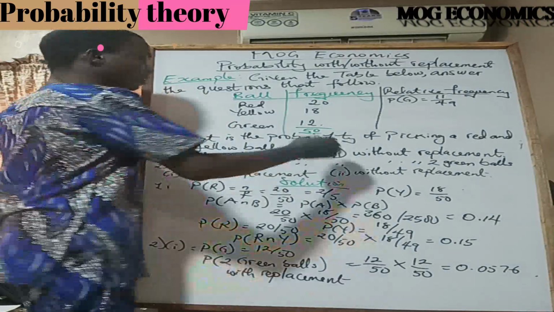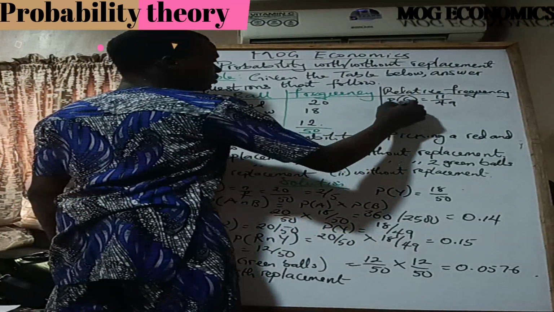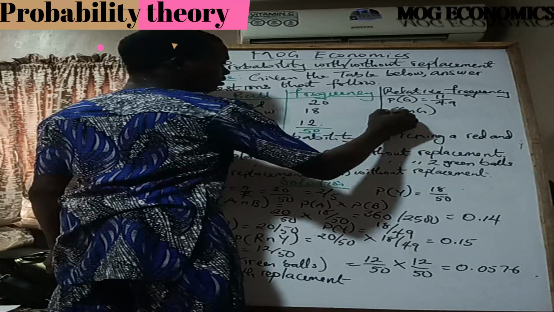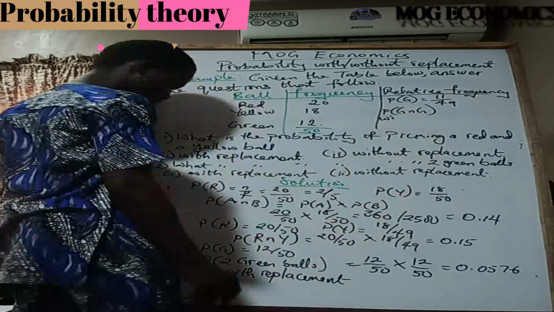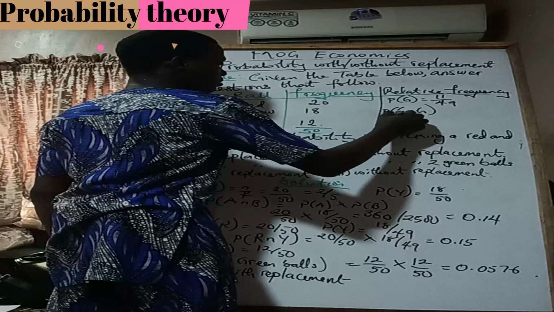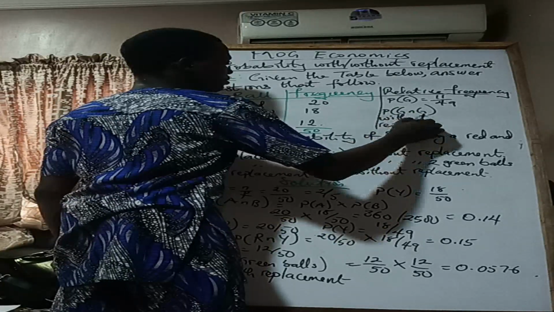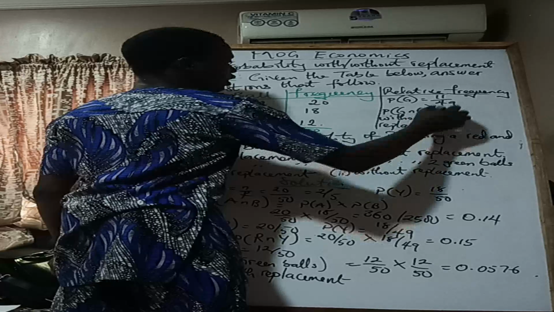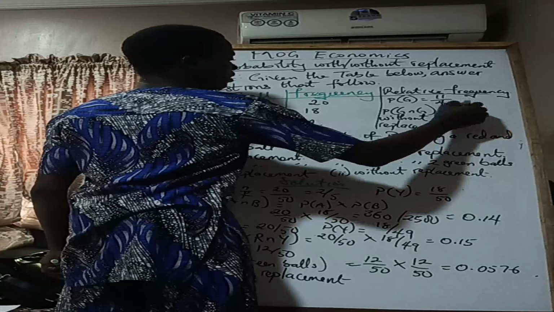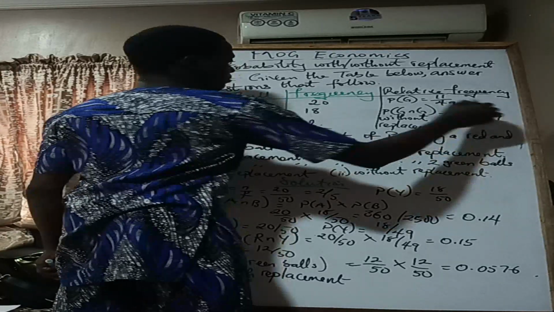Alright, so to answer this question, you have probability of picking G and G without replacement, so equals 12 over 50 multiplied by 11 over 49.